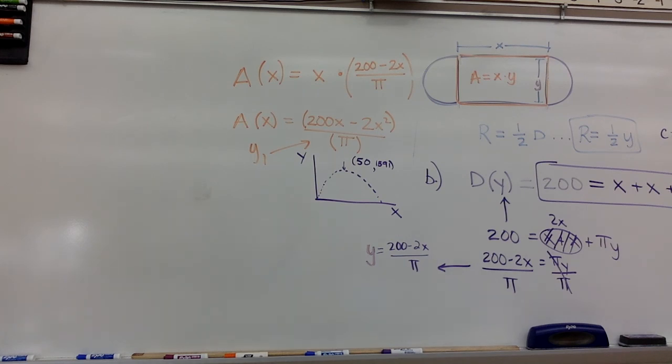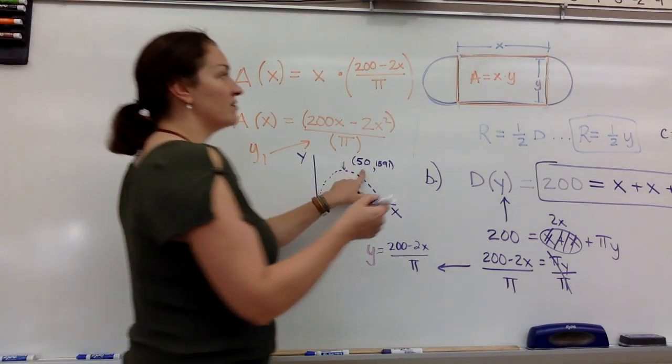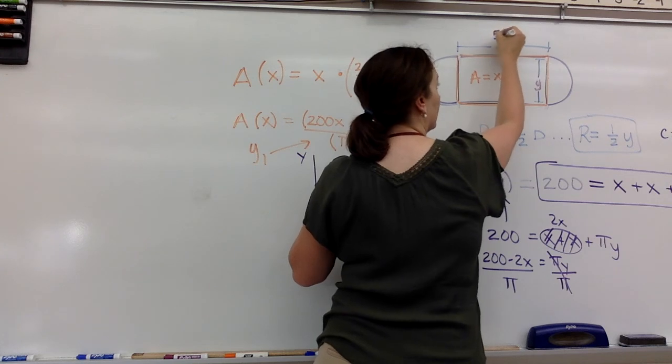Everybody get something close to like 49.999, somewhere in there? Yes? Okay, so to answer the question that they asked, what are the dimensions? Well, my x value should be 50.